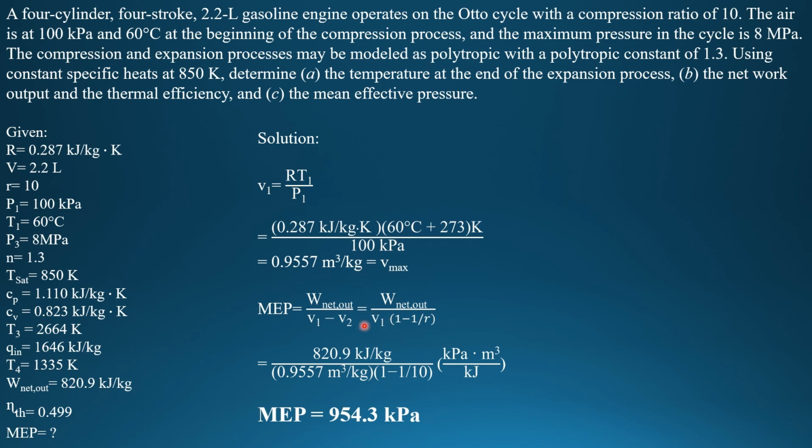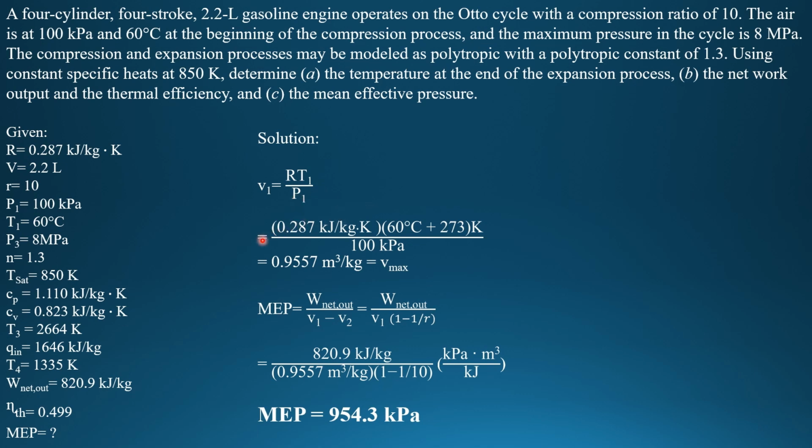So to have the value of our specific volume, we'll be using this equation here, the ideal gas equation, that is Pv equals RT. So we rearrange the equation and we come up with the specific volume at state 1 is equal to the gas constant of the air times the temperature at state 1 over the pressure at state 1.